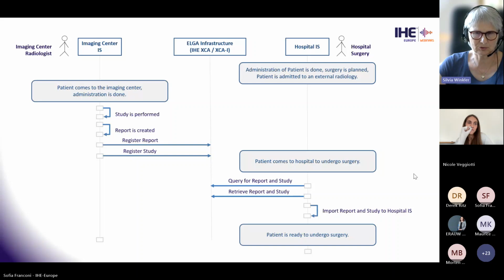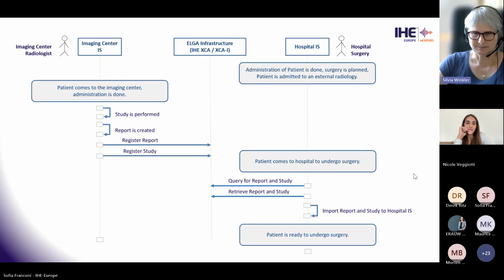The patient is admitted to this external radiology, but the real action starts to happen when the patient comes to the hospital to undergo the surgery, because then ELGA is queried for the reports and the study, and the radiology report and the study are retrieved from the infrastructure. And then the data are imported to the local infrastructure, and the patient is then ready to undergo surgery.